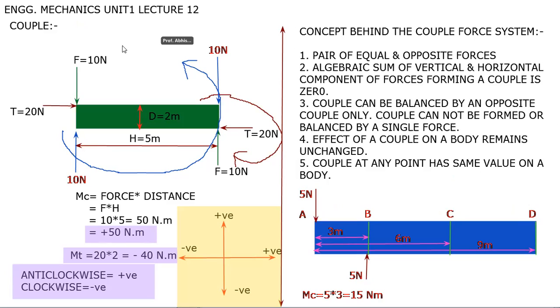So the value will remain constant at every point, at point C, and at the point D also. It will have the same effect and same value. So this one is the fifth characteristic of the couple.